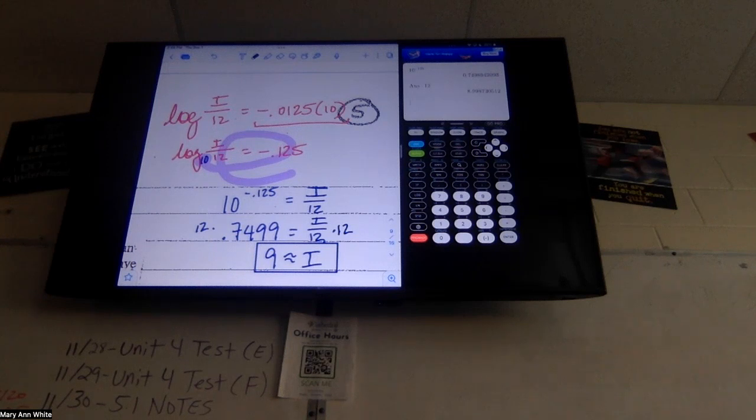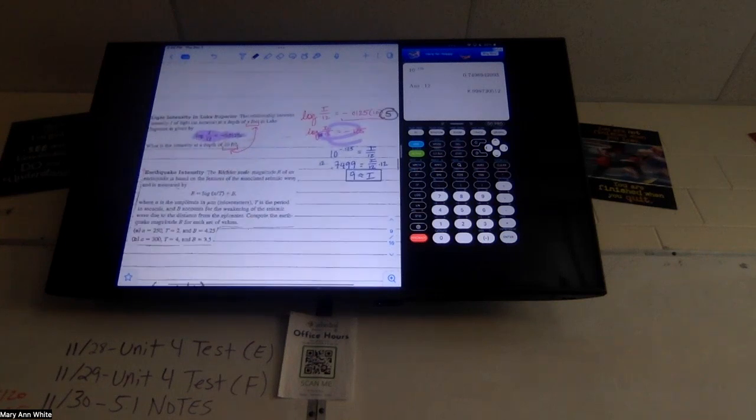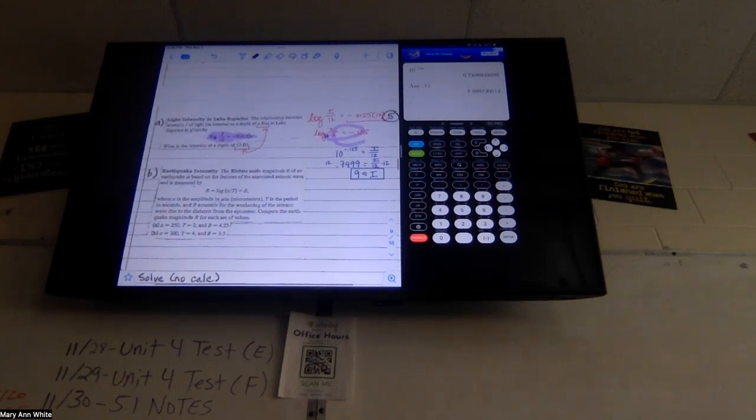All right, can we move to the next one? The cool thing for the next one, we're just also gonna do some more plugging in. So this one's talking about the Richter scale. It says the Richter scale magnitude R of an earthquake is based on the features of the associated seismic wave and is measured by this equation, where A is the amplitude, T is the period, and B accounts for the weakening of the seismic wave due to the distance from the epicenter.